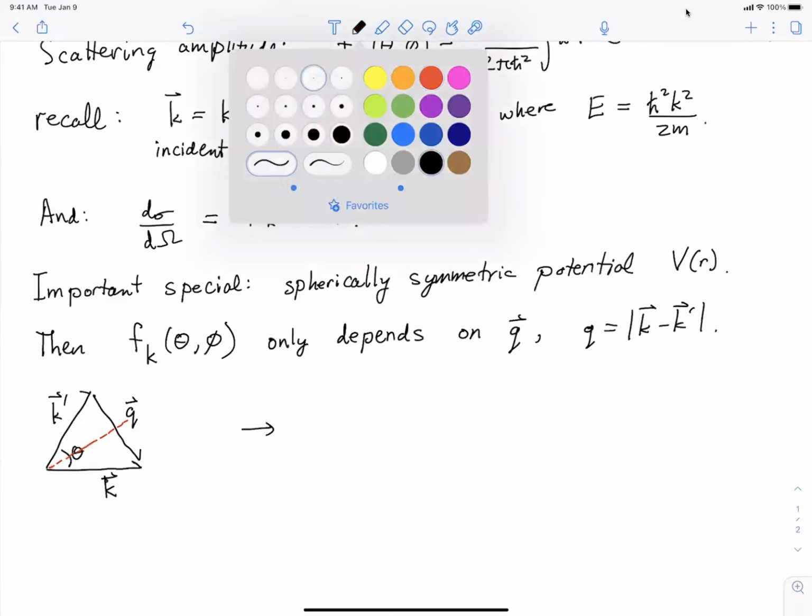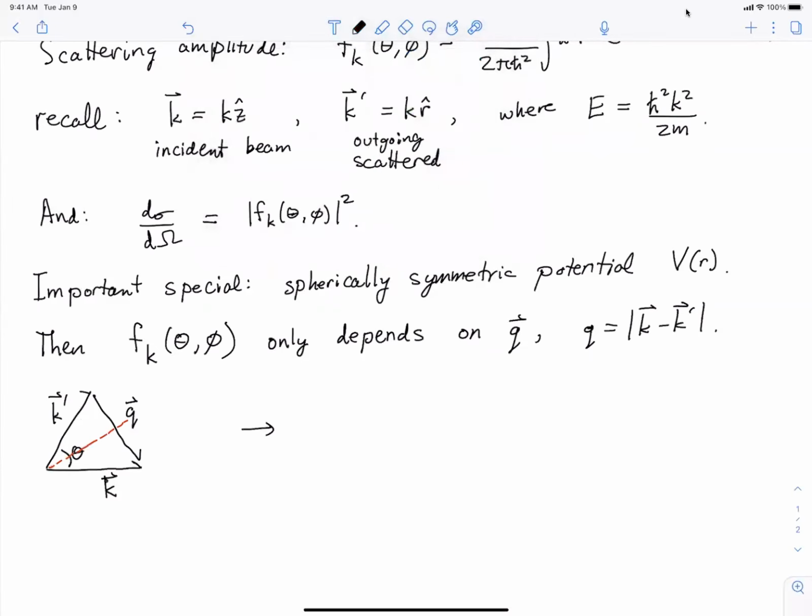Okay, and so if we just redraw that triangle, that's a right triangle. This is supposed to be a right angle. And this angle is theta over 2. And this is q over 2. And this side here is k.